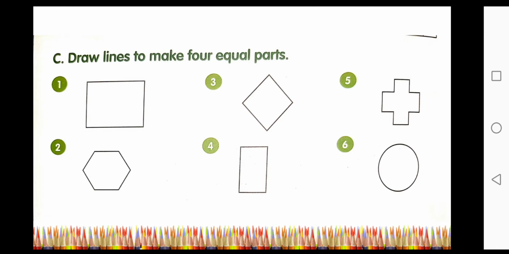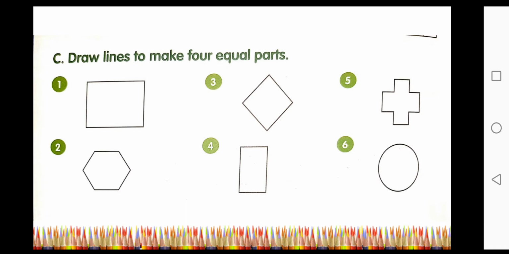Next, draw lines to make 4 equal parts. Now, you have to draw lines, and the lines have to be straight and equal. Okay? You will make equal parts. How many parts? 4.